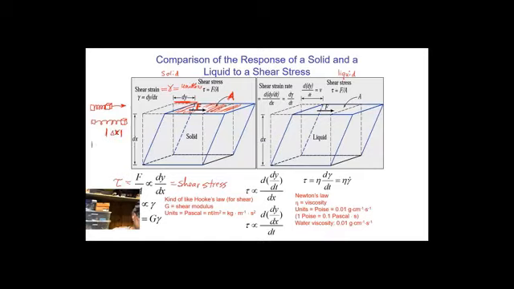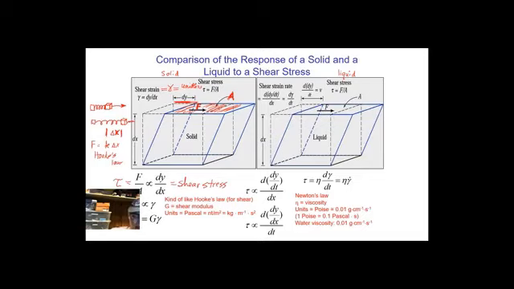Okay, and we said F is K delta x. And we said this was Hooke's law. And if we release that force, it'll snap back, because that's what elastic springs do. If we release the shear force on this originally cubical object, it will snap back, because that's what elastic solids do.